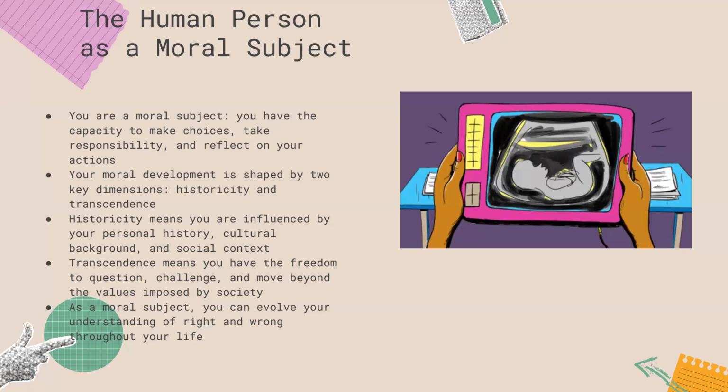And as a moral subject, remember that every individual can develop the understanding of right or wrong throughout their life. For example, probably in the near future, you find a job where you have to be the leader. You have a group in your charge.